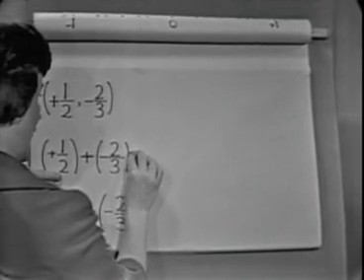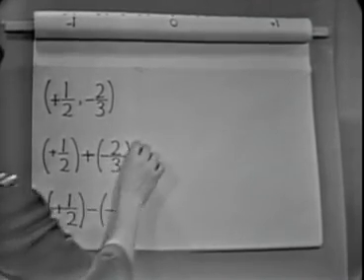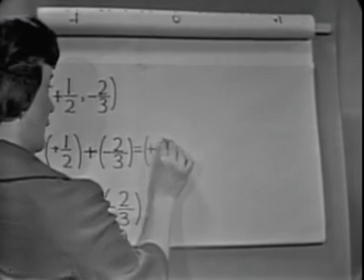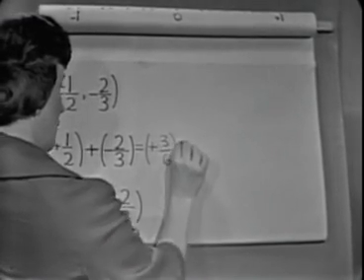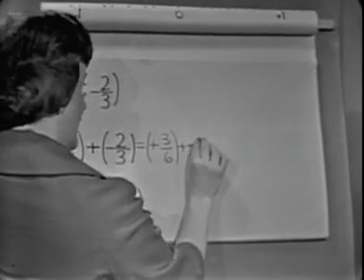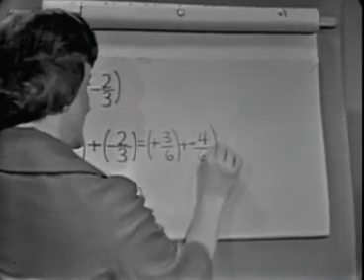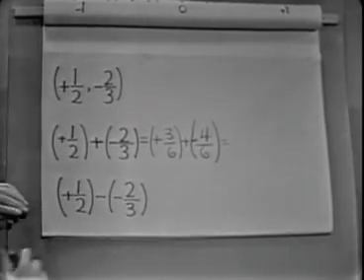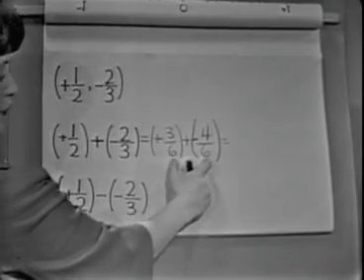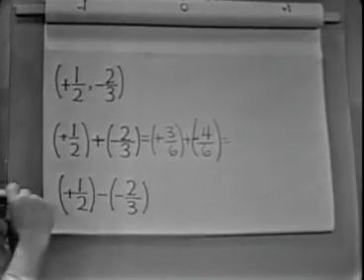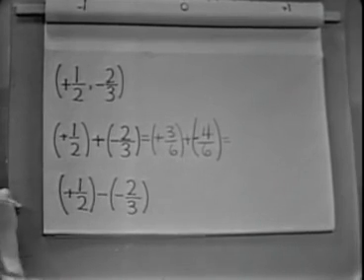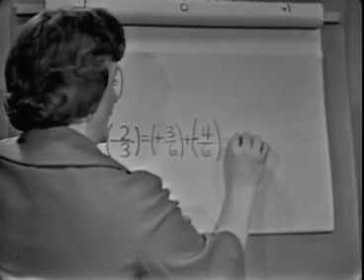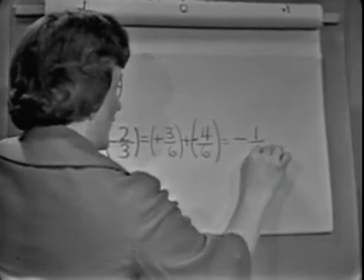Let's use other names for these fractions so that the denominators are the same, and we can write then a positive 3/6 plus a negative 4/6. Again, oppositely directed, we find the difference of the two fractional numbers, subtracting the smaller from the greater, and using the sign associated with the greater. The sum, a negative 1/6.